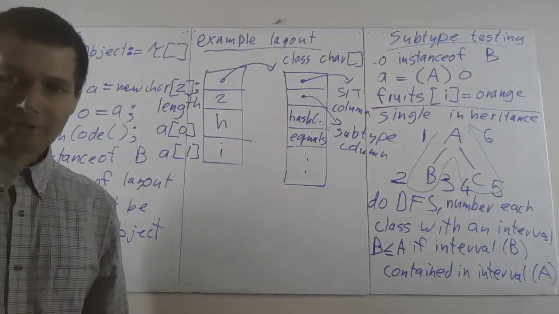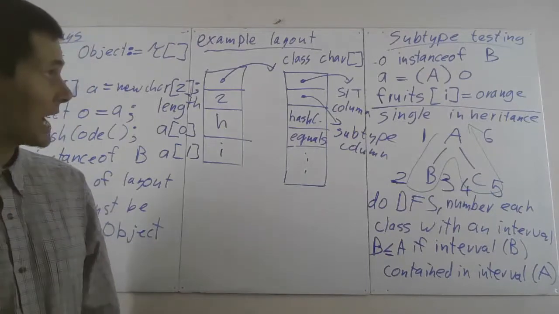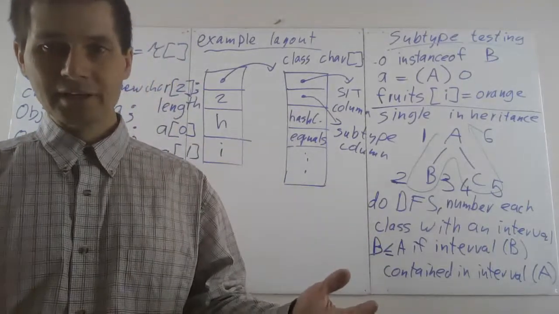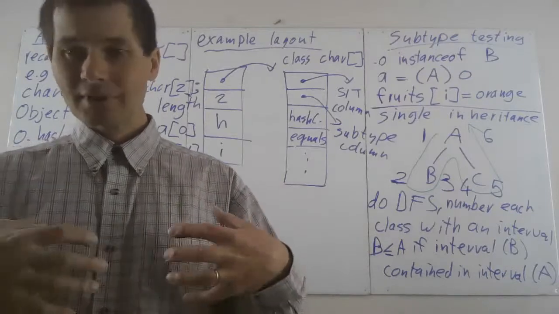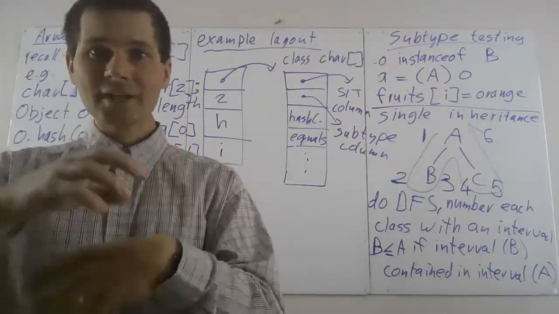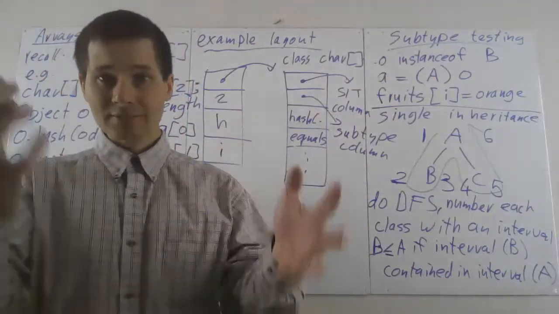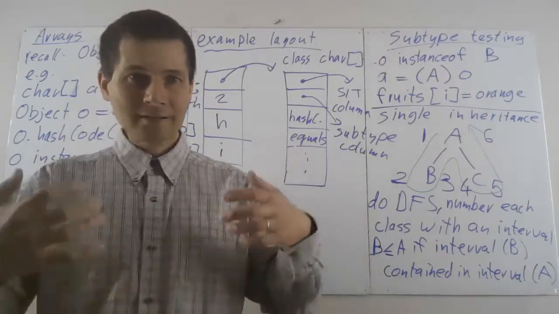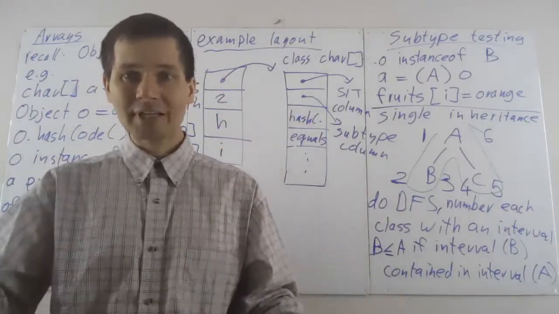Okay, so if there's more questions, you have a few more seconds to think of questions and ask them in the chat. I'm now done with all of the lectures on laying out objects in memory, and once again, setting that up, preparing it, writing supporting code for, say, accessing arrays or implementing these type tests. That's all important stuff that you need to do before you start generating code. And next week I'm going to talk about generating code for various different kinds of AST nodes.